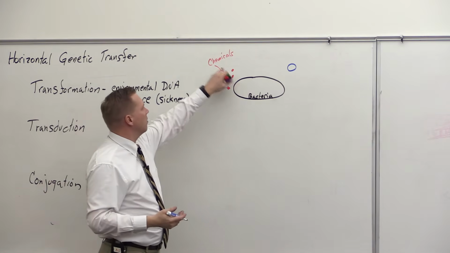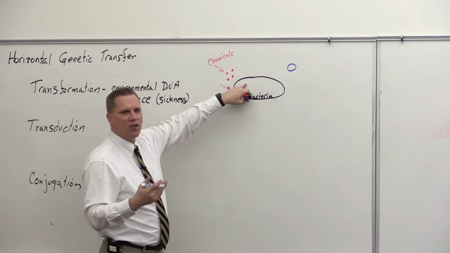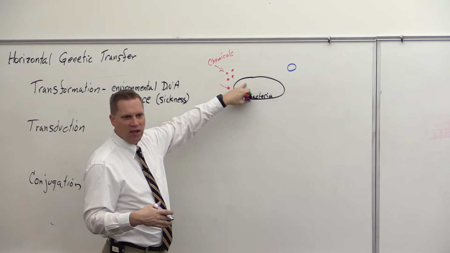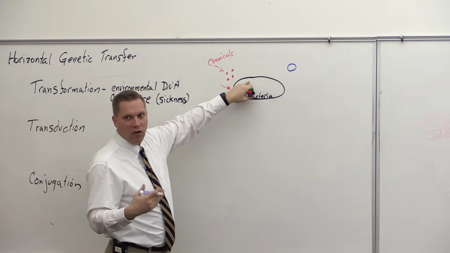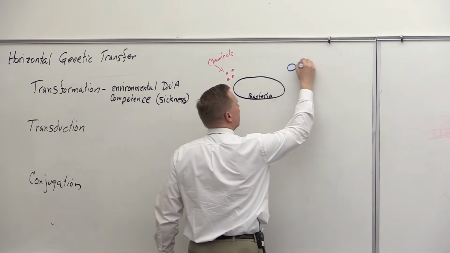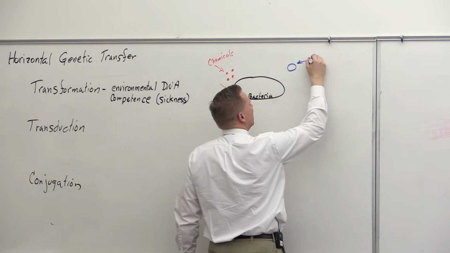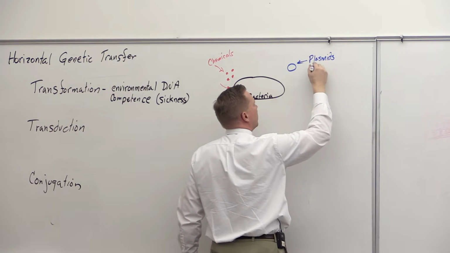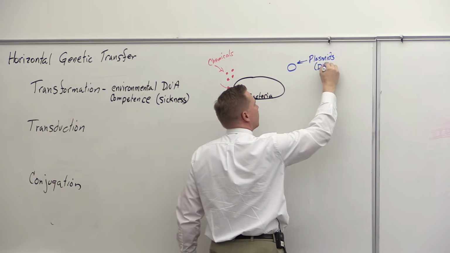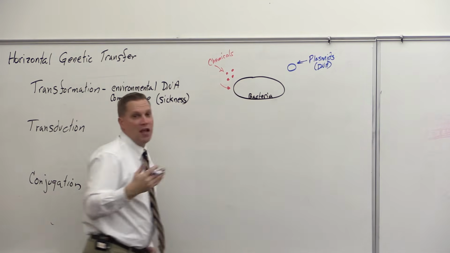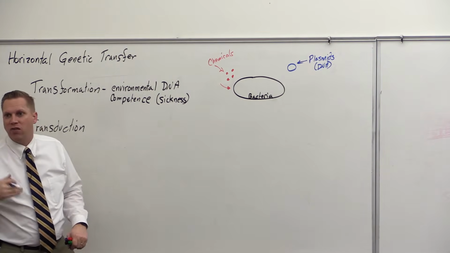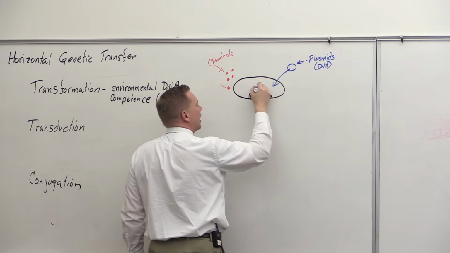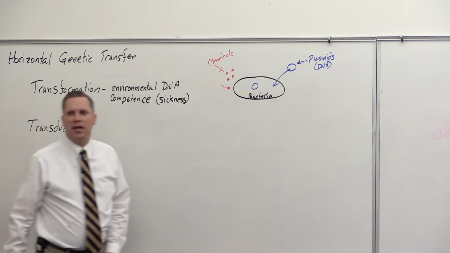If you add chemicals, grow the bacteria under certain conditions or chemicals, you create a competent cell. And that competent or sick cell then, if you introduce it to a solution containing what we call plasmids, or DNA just lying naked in the environment, in the solution, the cell would uptake that DNA.